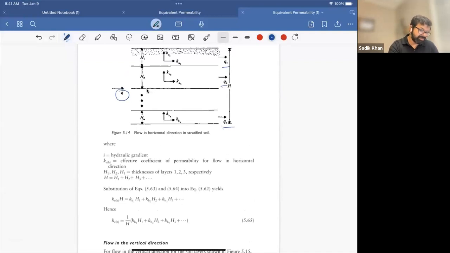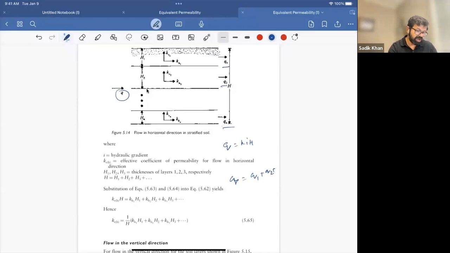Q equal to KIH, or KIA, but here we are considering unit length, so we're just saying Q equals KIH. Our total Q is equal to Q1 plus Q2 plus Q3, plus all of it up to Qn.